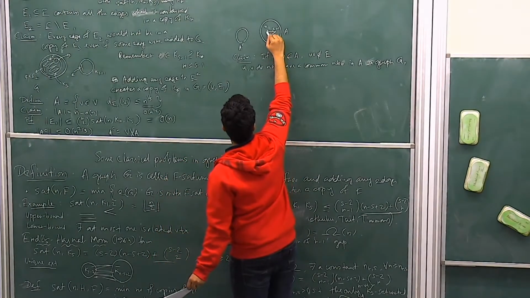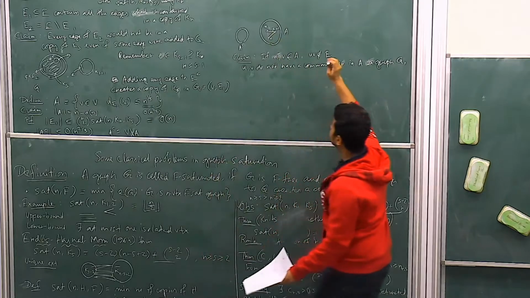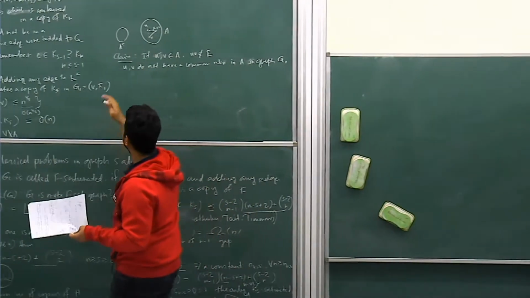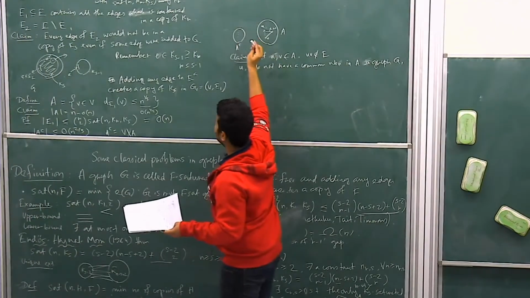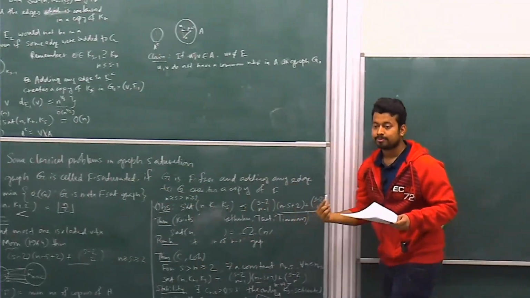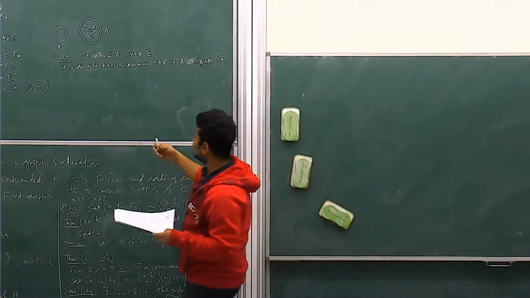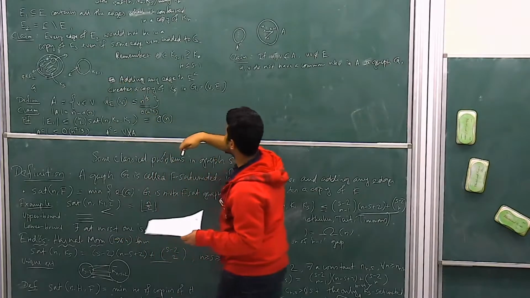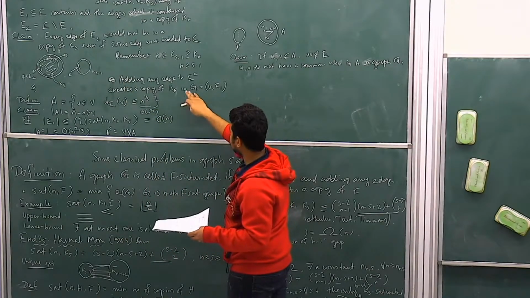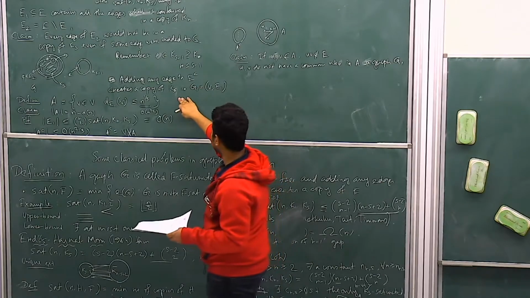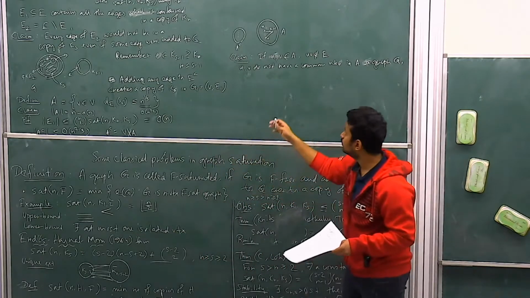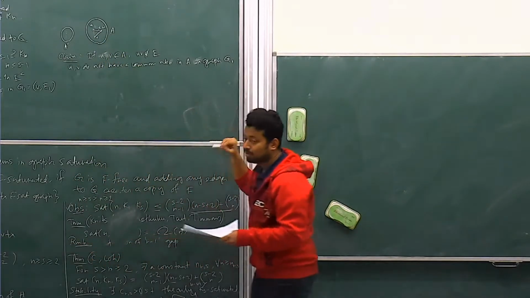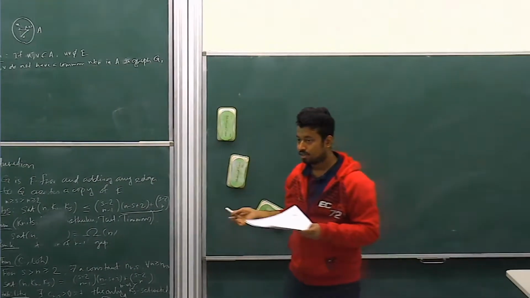So if this is the scenario, then what happens? If we add this S between UV, we create a copy of KS, and that copy of KS should have S minus 2 vertices from A complementary, right? That's because of this claim: we said that adding any S in E complementary creates a copy of KS in G1, and we know that they don't have any common neighbor in G1 inside capital A, so it should be in A complementary.